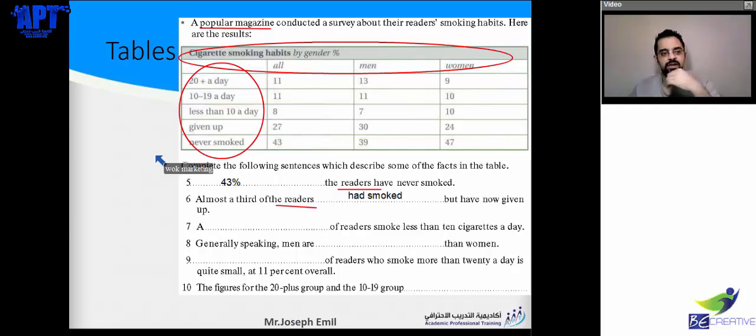By the way, I have said had smoked to indicate that they had smoked some cigarettes first. That's a past perfect, because I want to say that they have smoked first, then they have given up. So this past perfect structure, you write a sentence with two types of past.